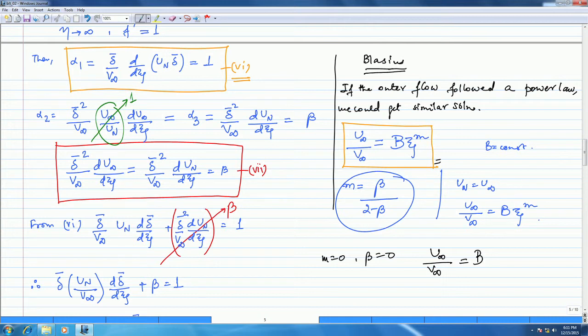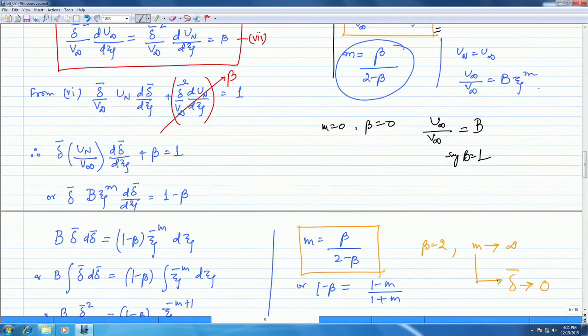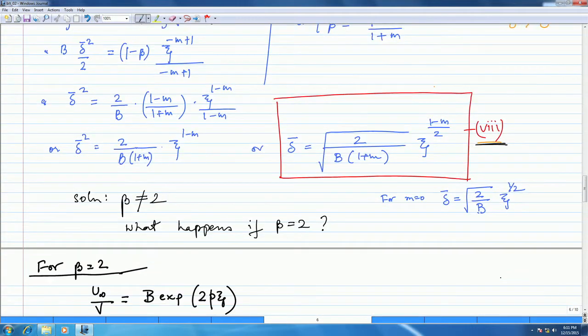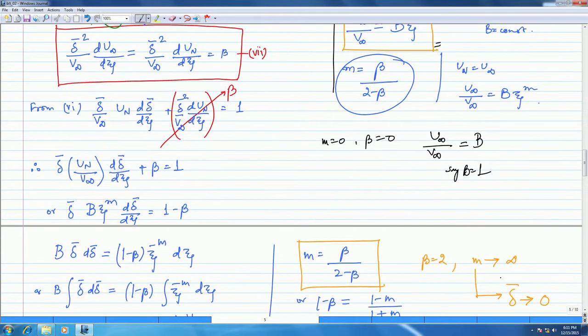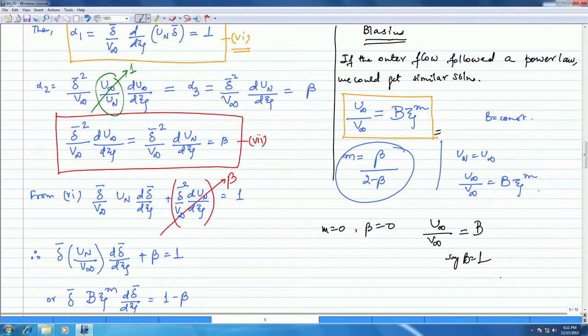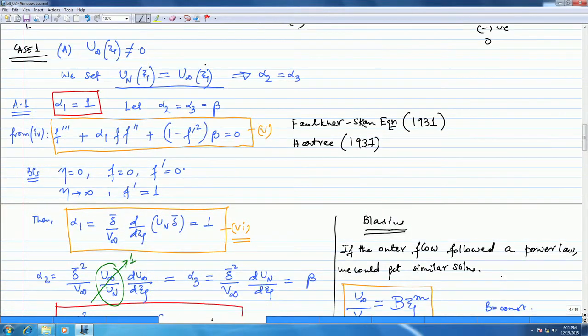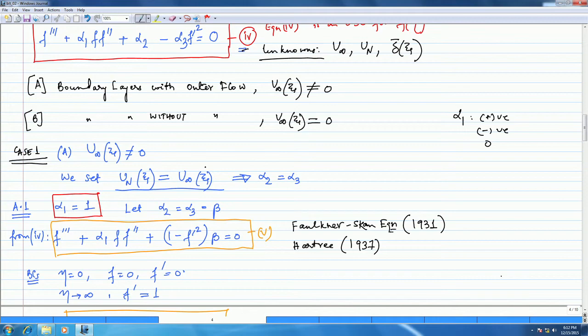If it is for a flat plate, you can just take b as 1. So if b is a constant and I take b as 1, then as we wrote down here, what was zeta? Zeta is basically x by L. Where did we define zeta?